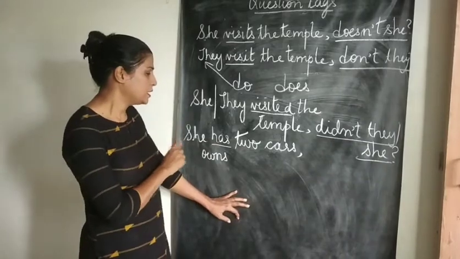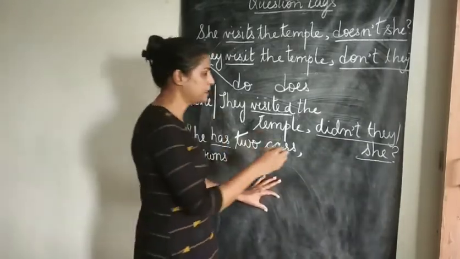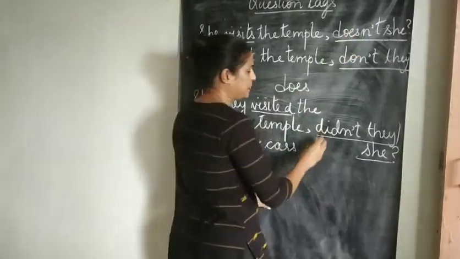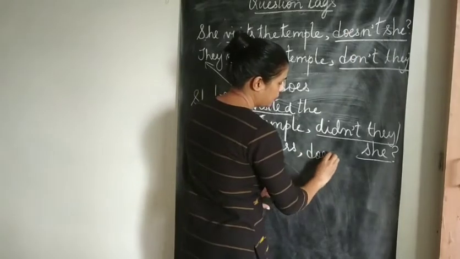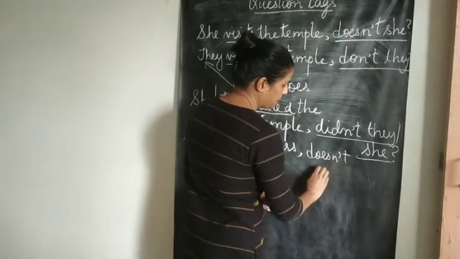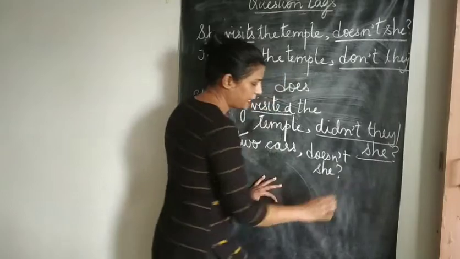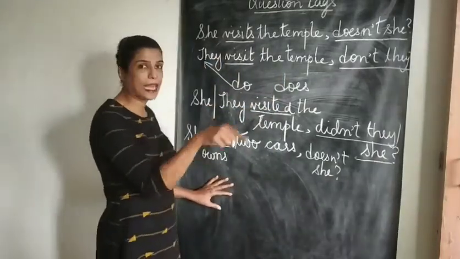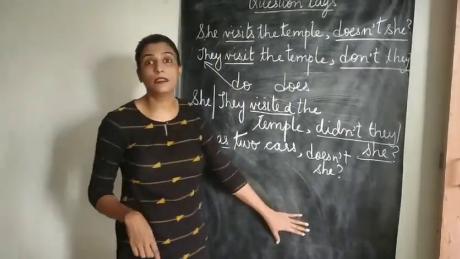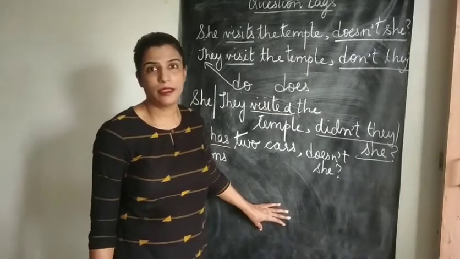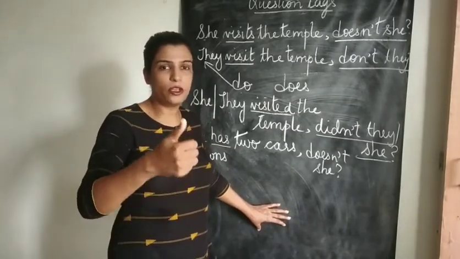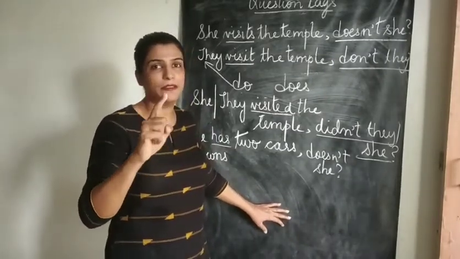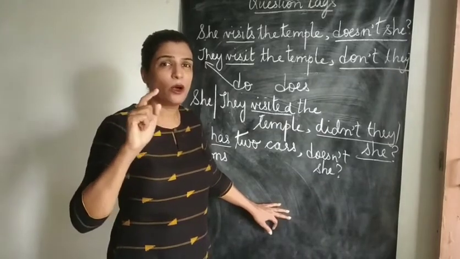I would say she has 2 cars. I would come back to my originality over there. I would say, doesn't she? And if my question is, they have 2 cars, my answer would be, don't they? So be very cautious with the 2 helping verbs, has or have.